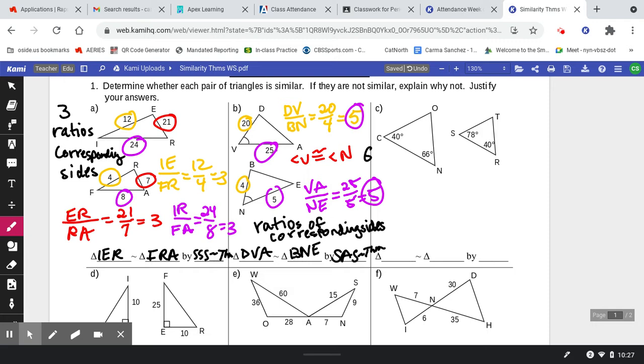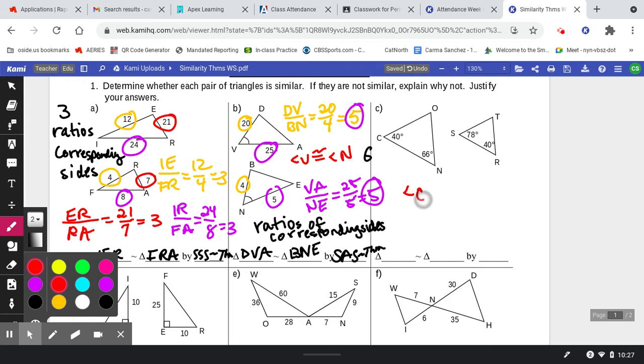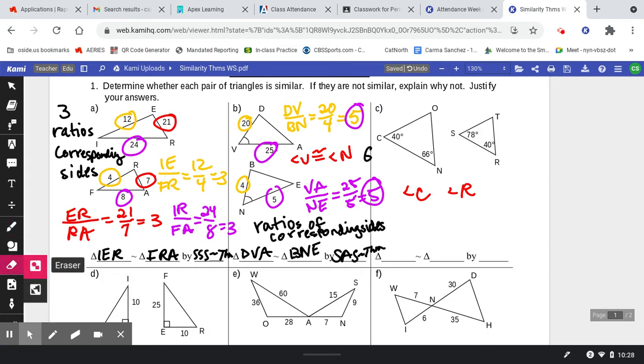This is our AA similarity theorem, right? Two angles. So I'm going to do angle C is congruent to angle R. It was given in the image, this guy and this guy. And then notice that this next one, 66 and 78, they're not equal.